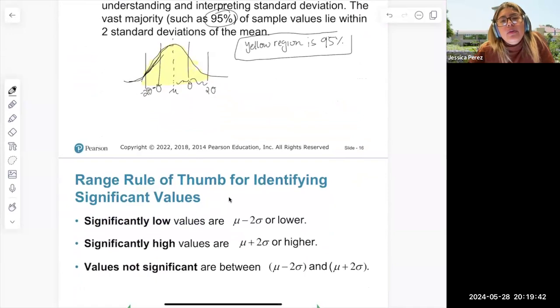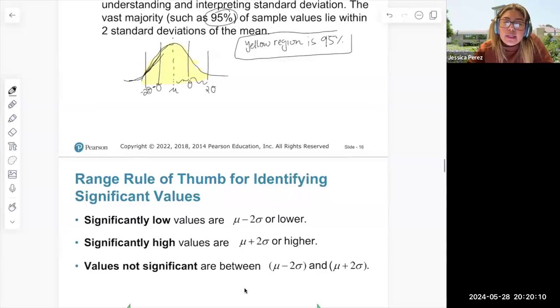So then the range rule of thumb for identifying significant values is you're going to be significantly low if your values are mu, the population mean, minus 2 standard deviations away. You are significantly high if your values are the population mean plus 2 standard deviations. Right now these don't have meaning to you because we don't know how to find mu and sigma yet. We will.